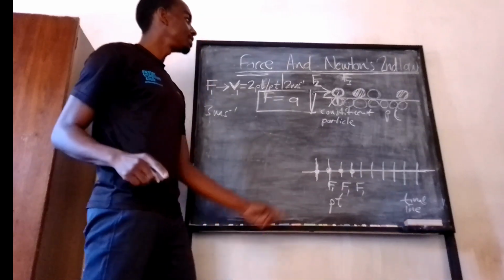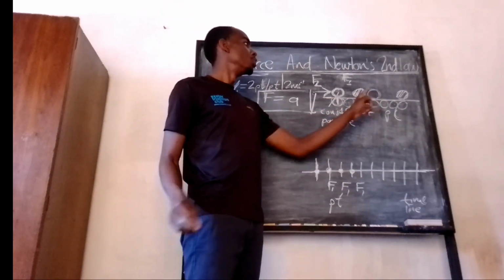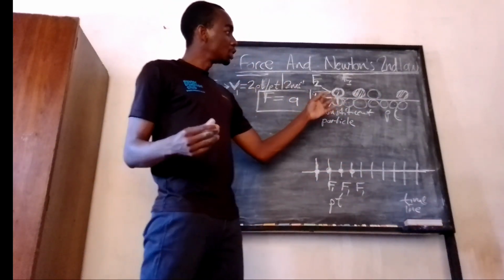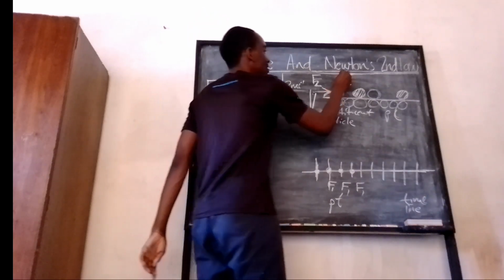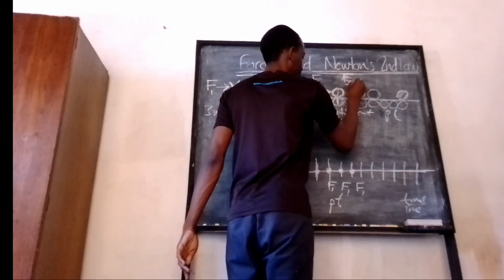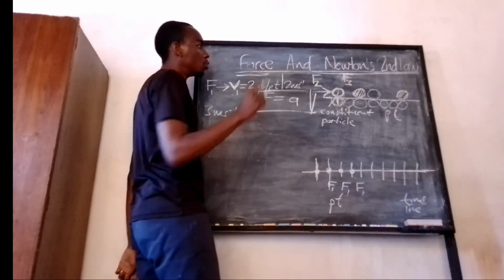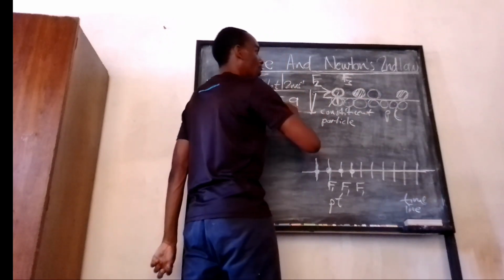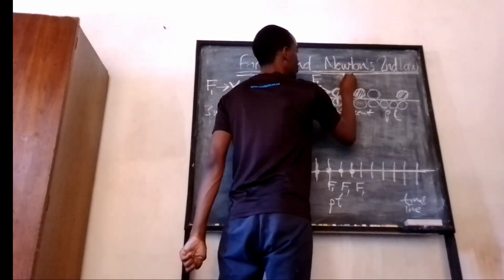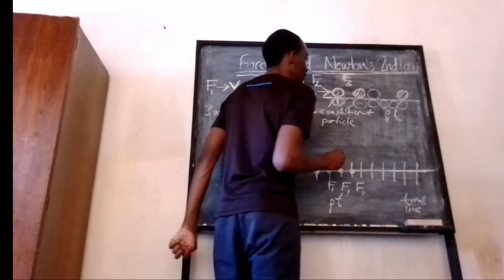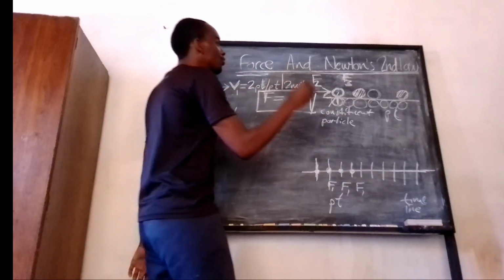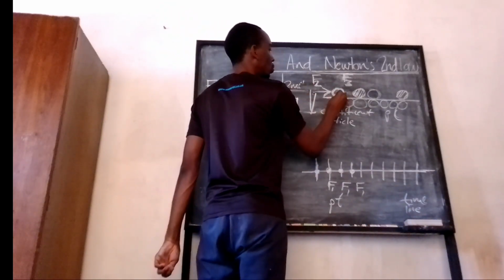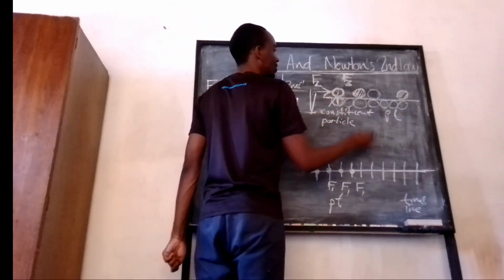So if the body had moved from this point to this point, we would say this motion was caused by a certain force F3. I repeat, this motion was caused by a certain force F3, which is different from the force F2, which causes the body to move 2 parts in space.